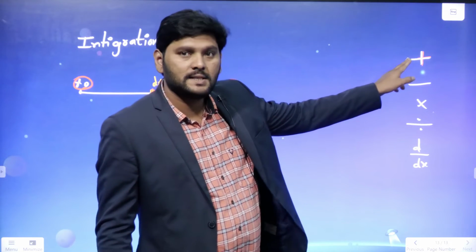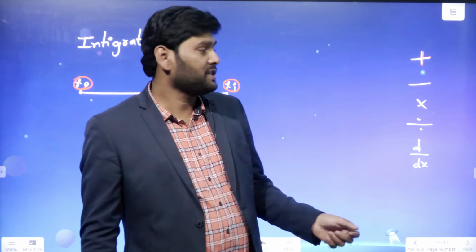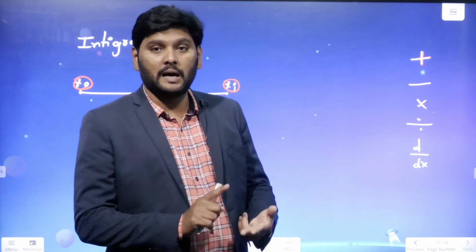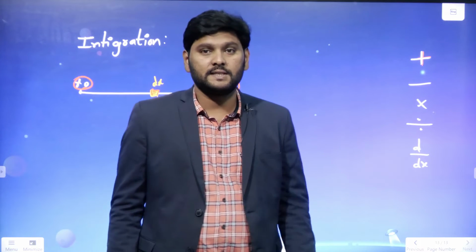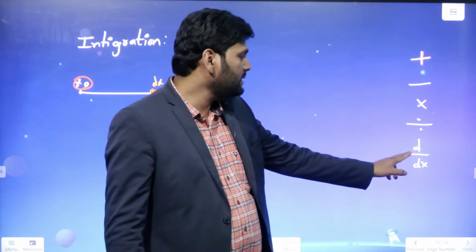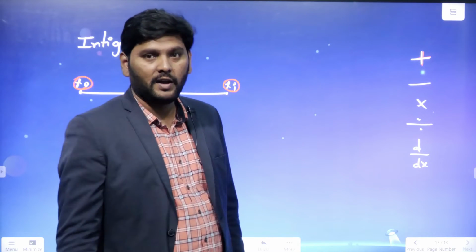Plus is the operator symbol for addition. Minus is the operator symbol for subtraction. This is called the cross symbol, the operator for multiplication. And this is the division symbol, for dividing two numbers. And d by dx is the operator for finding the very small value.